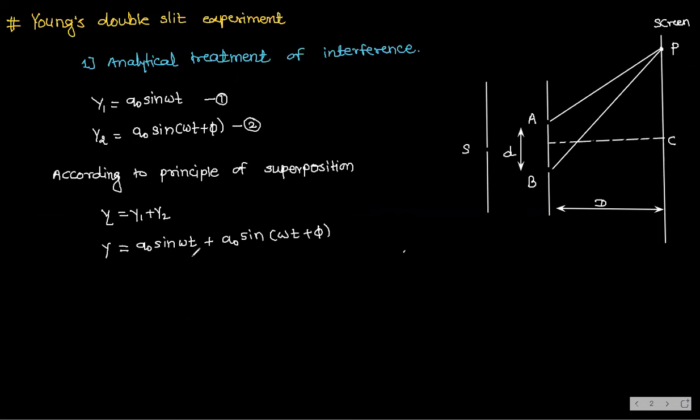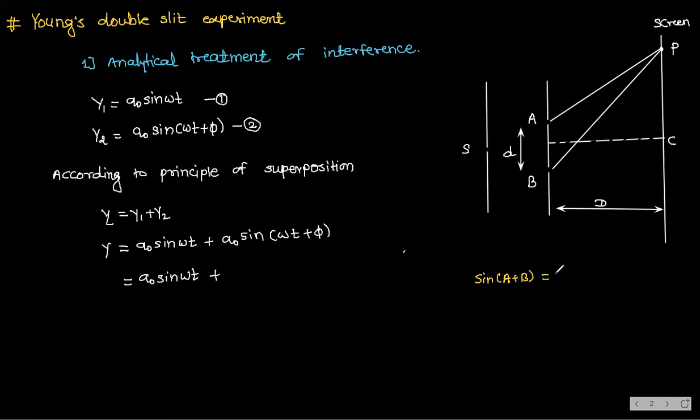Now, this is a naught sine omega t as it is, plus the second term. Now this sine A plus B formula, what is it? I think you know very well, but still I am writing it so that you can compare.